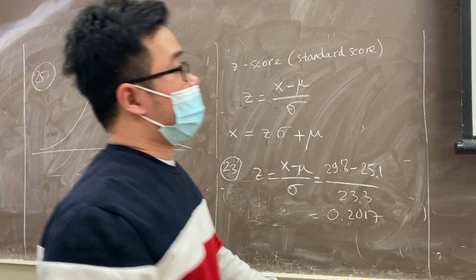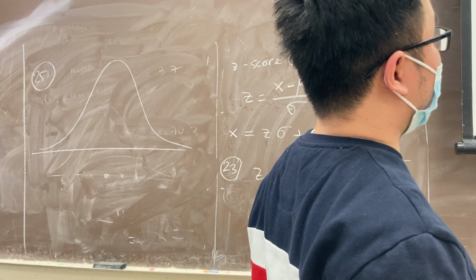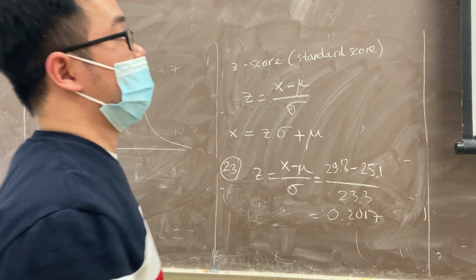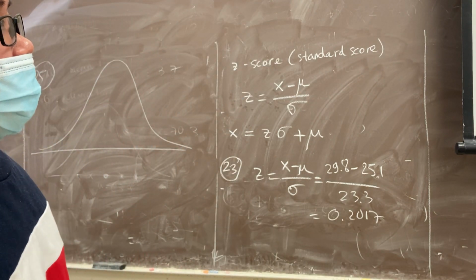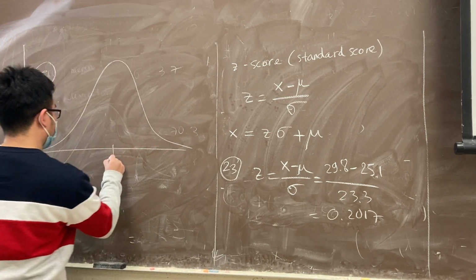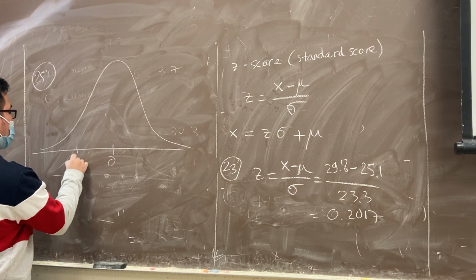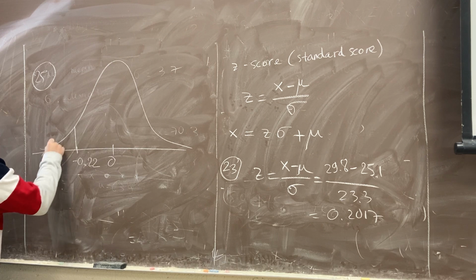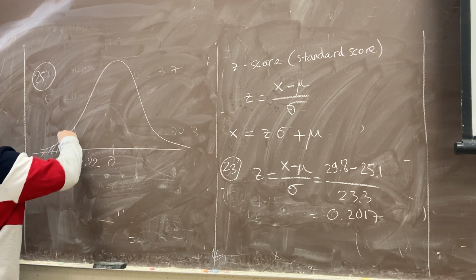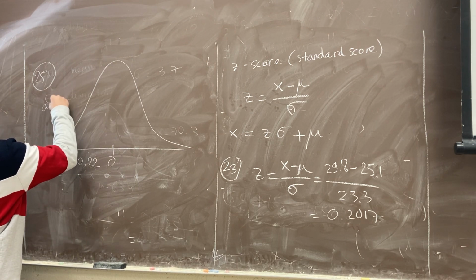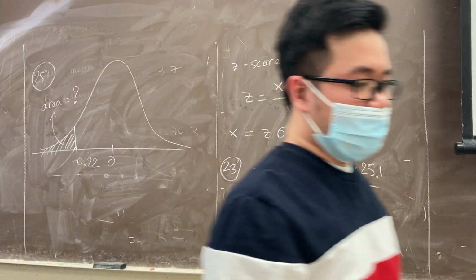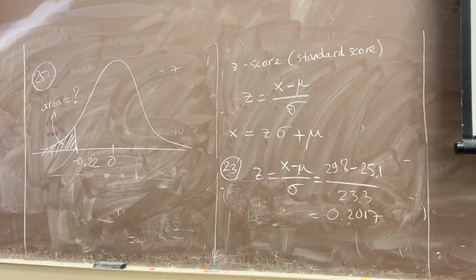Okay, 25. They ask you to find the area under the standard normal curve to the left of Z equal to negative 0.22. They ask you to find the area of this region. To do that, you need to look at the table here.